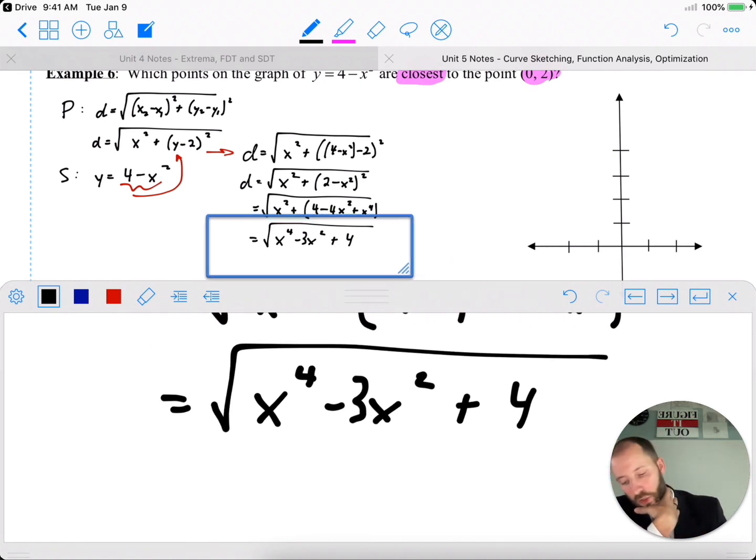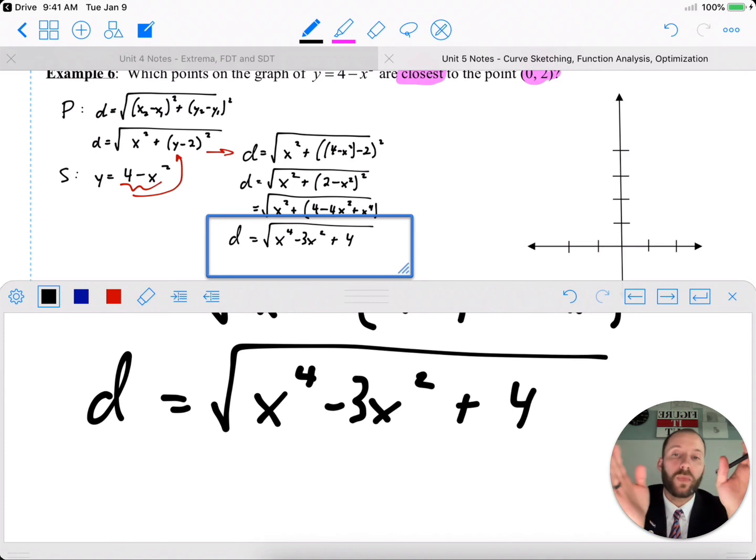So you want to do the derivative of that. But think for a moment. If you're going to do a square root, the square root of 3 is always less than the square root of 5, and the square root of 5 is always less than the square root of 9.